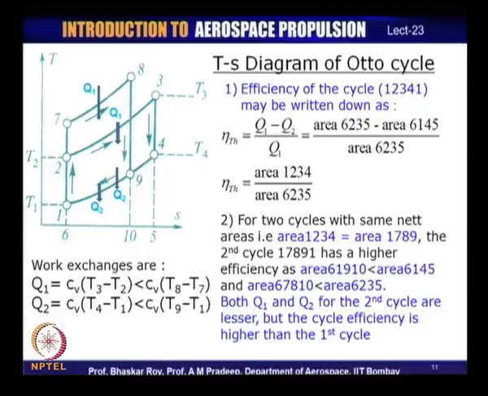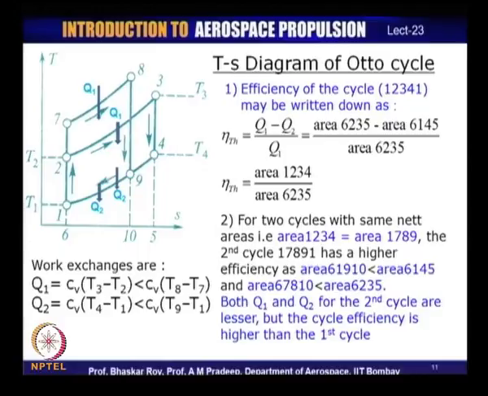That means the heat rejection in the second cycle is actually much lower, and as a result the area 6, 7, 8, 10 is higher. It is also lower than the area 6, 2, 3, 5.